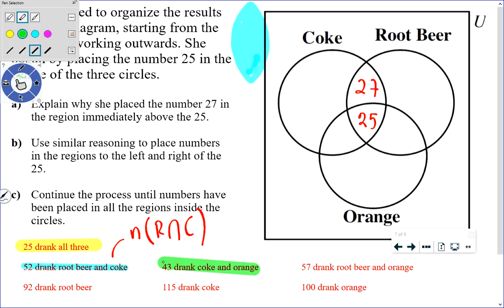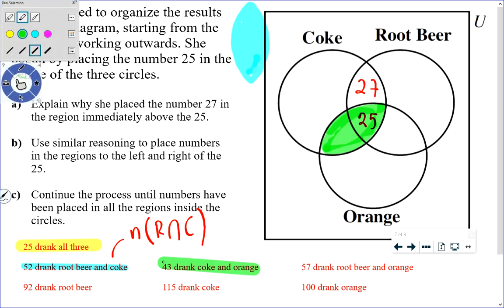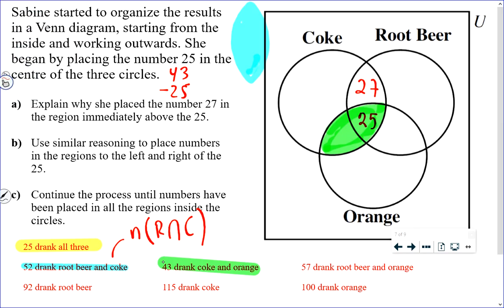Coke and orange is this intersection, which means that that has to give us 43. So I'm going to take 43 and subtract 25. 43 minus 25 is, I believe, 18. I'll just double check by adding. It's 18. So this number is 18, because 25 plus 18 will give the 43.